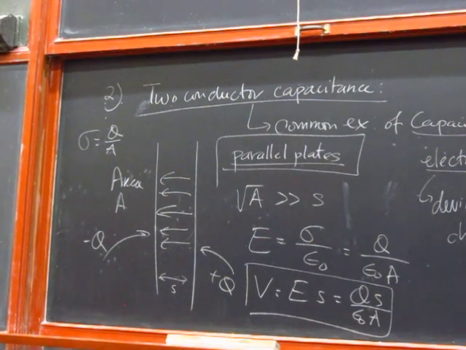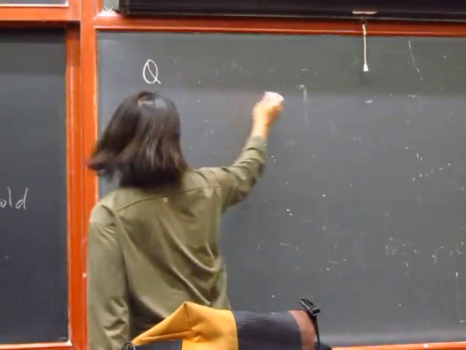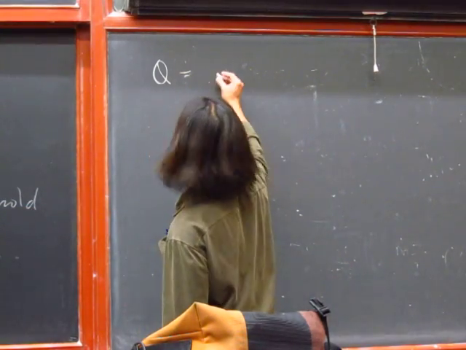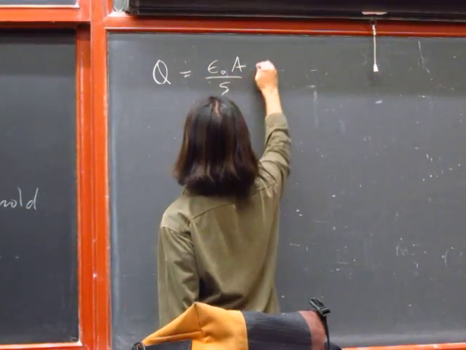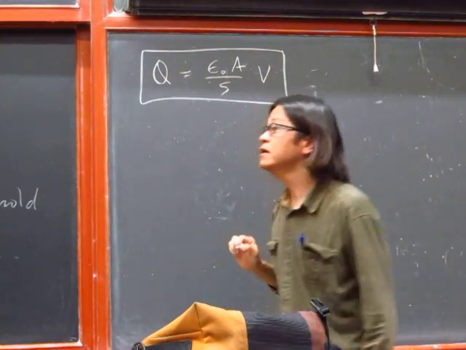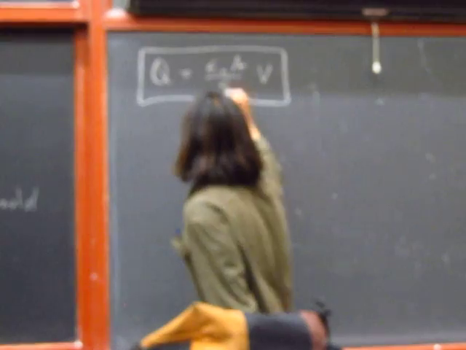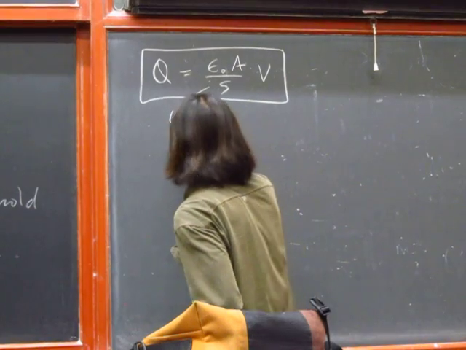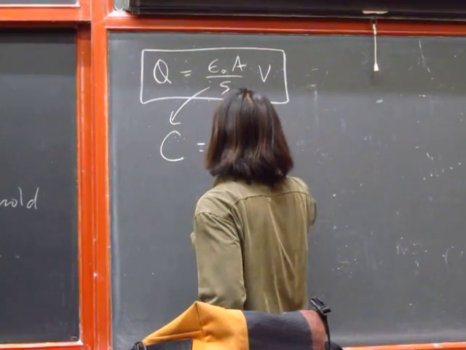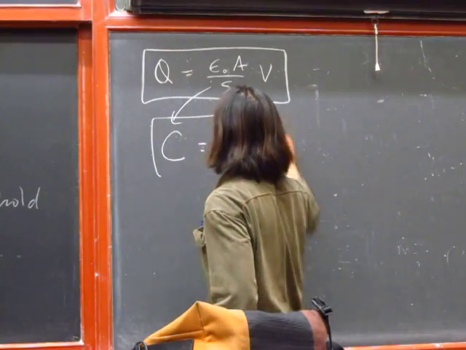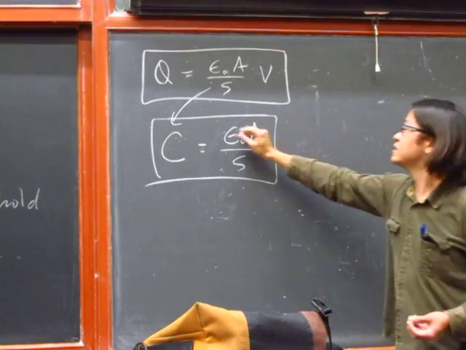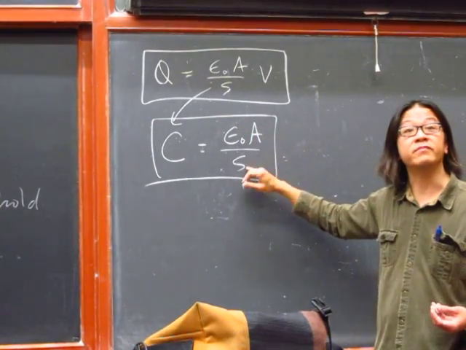So let's see. If I look at that expression, let me rewrite it the other way around. Then Q is just epsilon naught A over S times V. Right? So in this case, the two-conductor capacitance, what's normally called capacitance usually, C is equal to epsilon naught A over S. Again, aside from the epsilon naught, it has a unit of linear dimension, right?